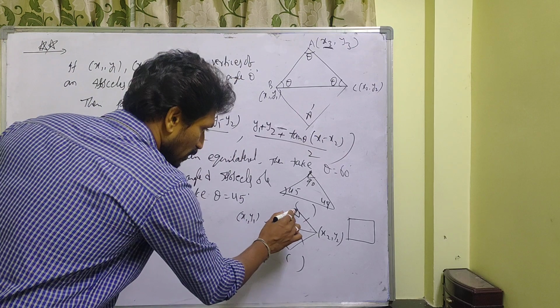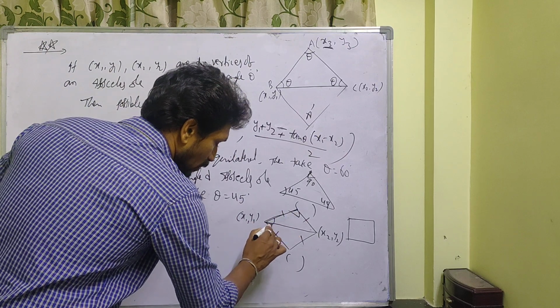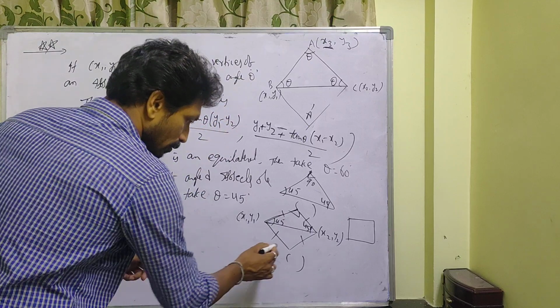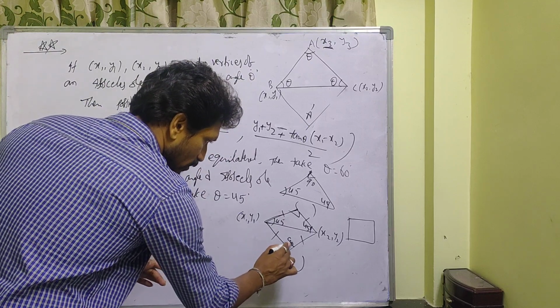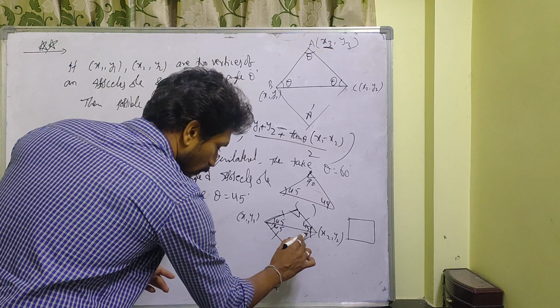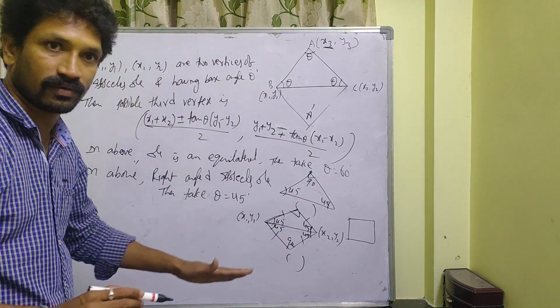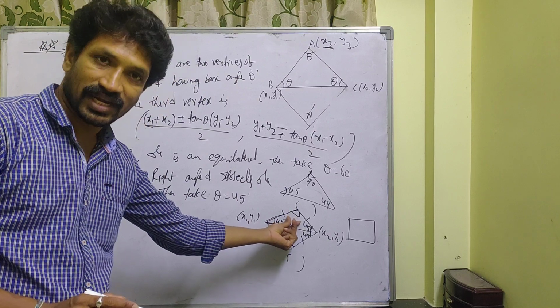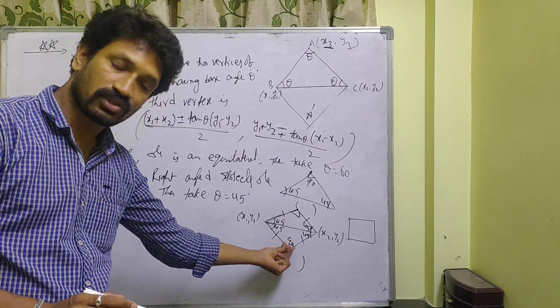You understand this is nothing but a right angled isosceles triangle. It is 45, it is 45. Similarly, it is 90 degrees, it is 45, it is 45. This is the structure of a square. So the above triangle is a right angle isosceles triangle, and the below triangle is also a right angle isosceles triangle.